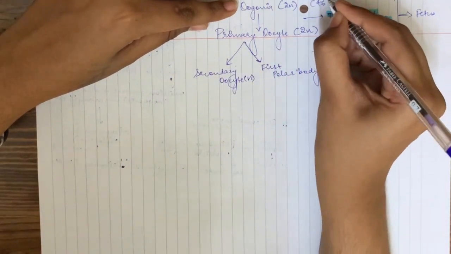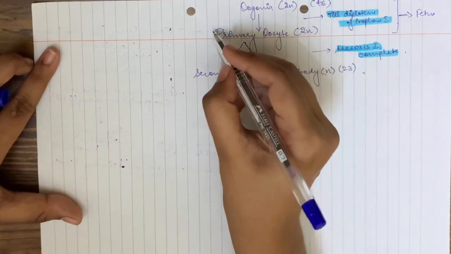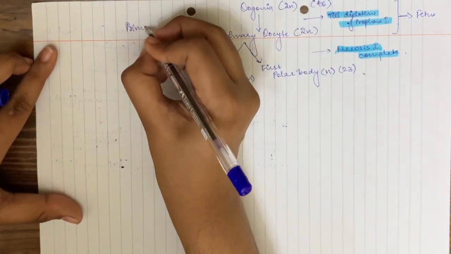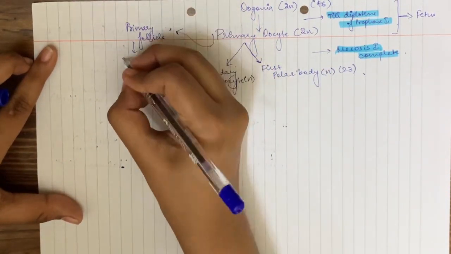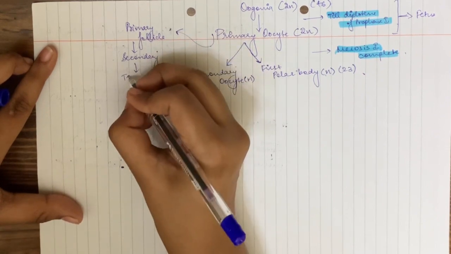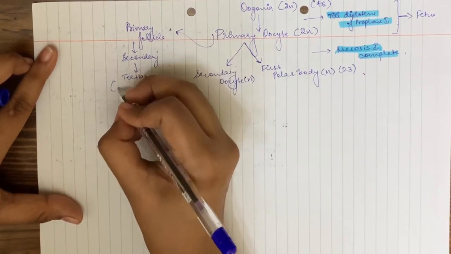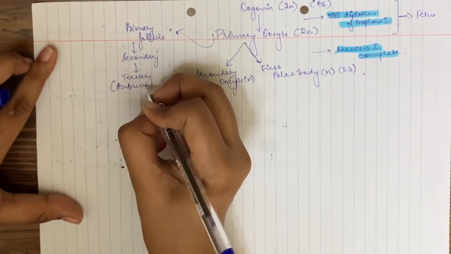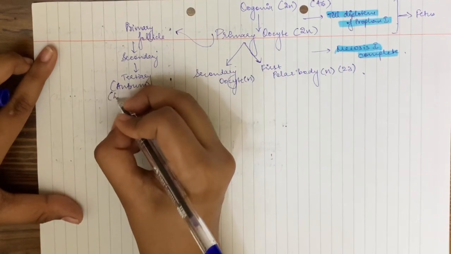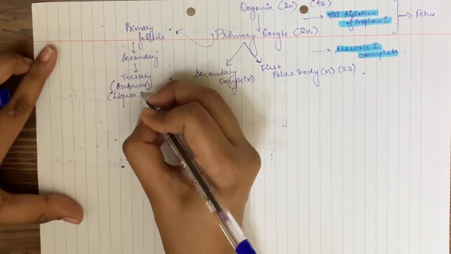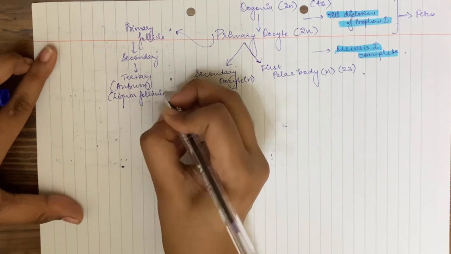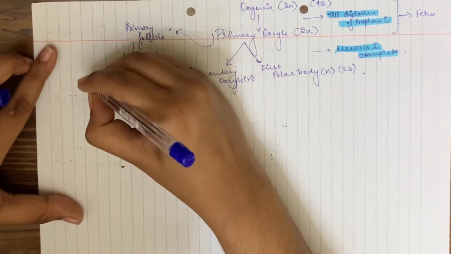Alright, and now you may ask what happens to the primary follicle. Primary follicles get surrounded by more and more granulosa cells in order to produce the secondary and tertiary follicle. And the most important aspect of a tertiary follicle is the presence of a fluid-filled cavity, which is known as the antrum. Now, this antrum is filled with a fluid which is known as liquor folliculi.